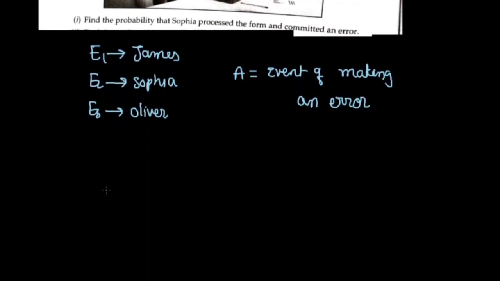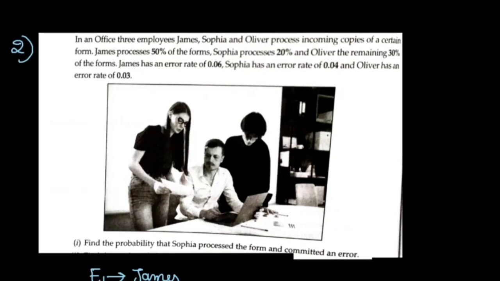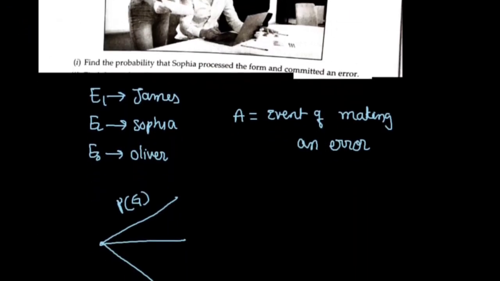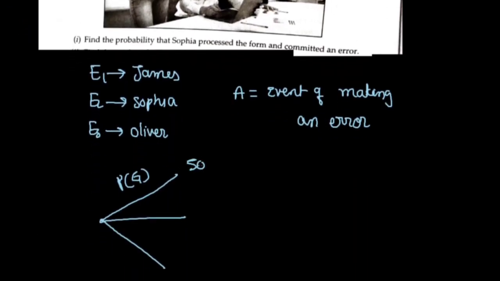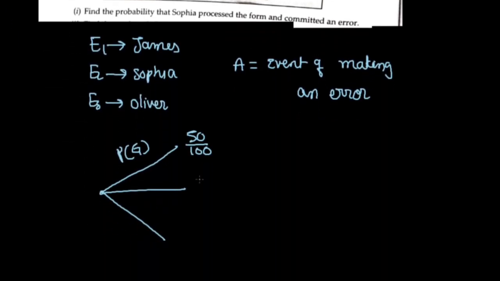Probability of processing: James is 50%, that is 50 by 100. Next, Sophia is 20%, 20 by 100.